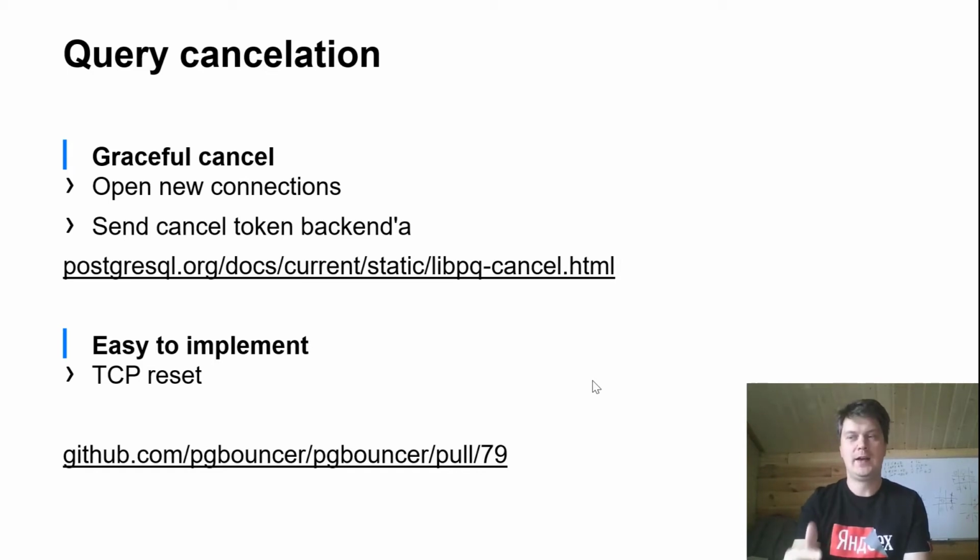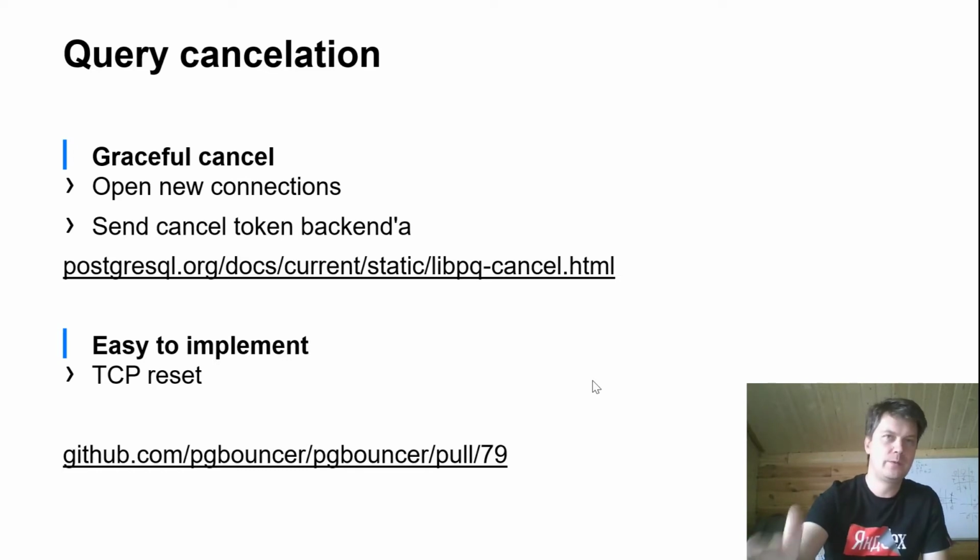PgBouncer will allow the query to finish, even if no one is waiting for its result. And when you are doing a lot of analytical queries, if the network is broken, or you use a client which is not used to sending cancellation of a query, you may end up draining all the resources of the server just because of some network glitch.